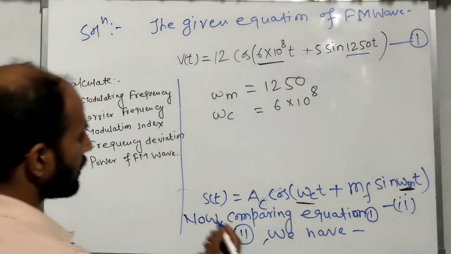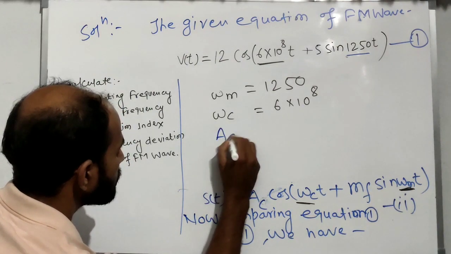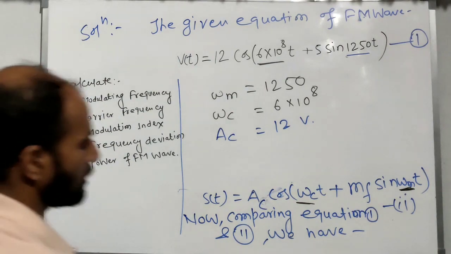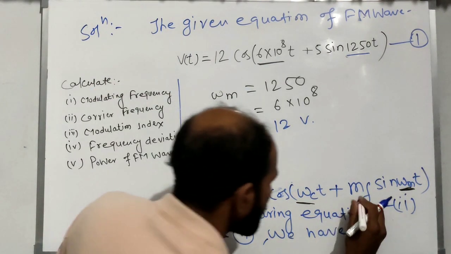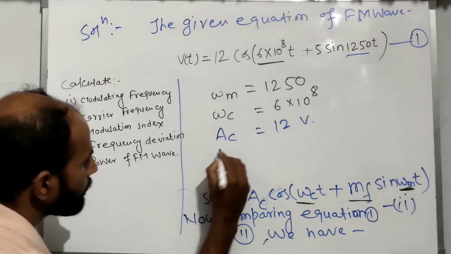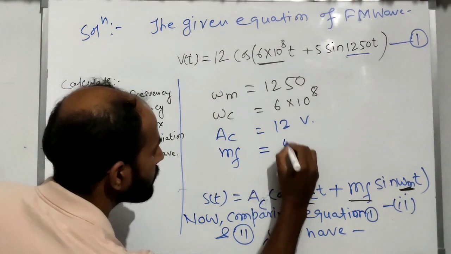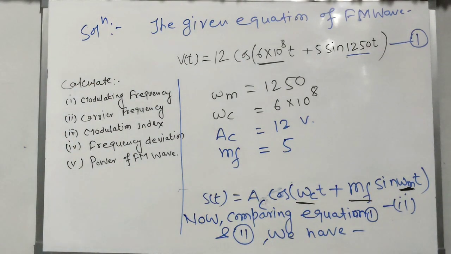Okay, and Ac is equal to 12 volt, and here mf, the modulation index, is 5.